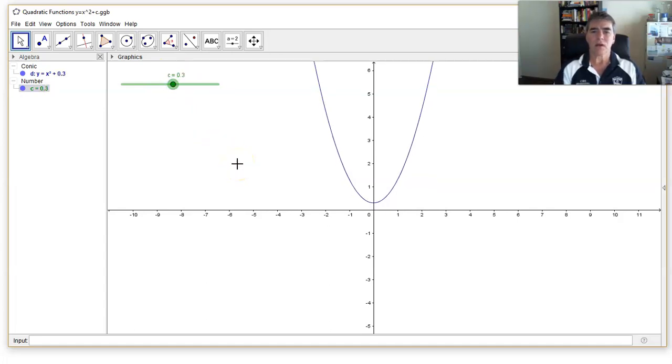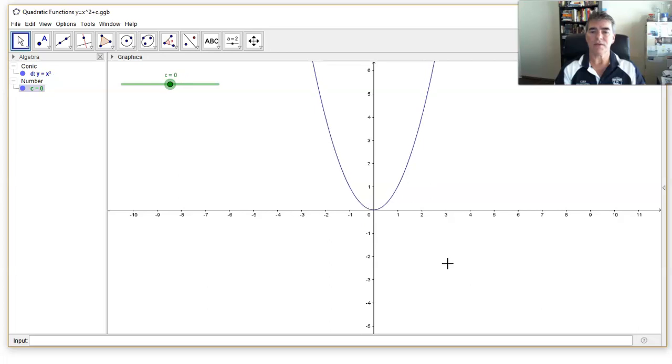So as I add on, you can see over here, it's now y equals x squared plus 0.7. And what it's done is it's moved the vertex up to 0.7. So the coordinates of the vertex would now be (0, 0.7). And so as c increases, you can see that it moves the parabola up.